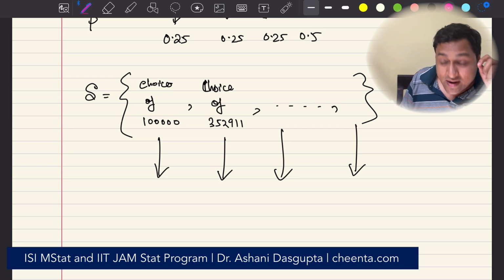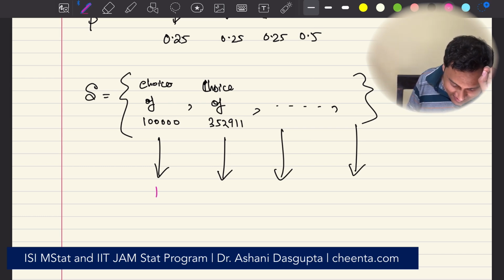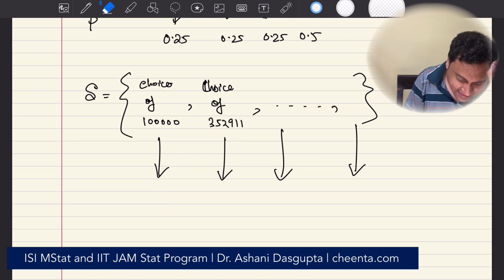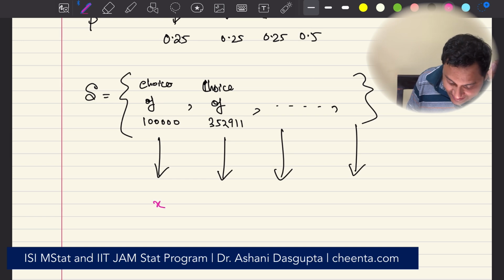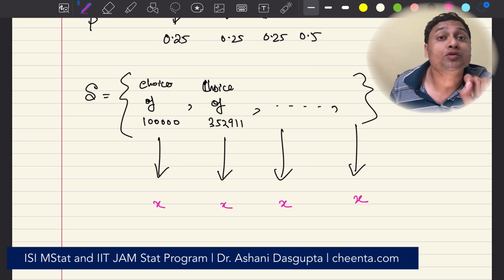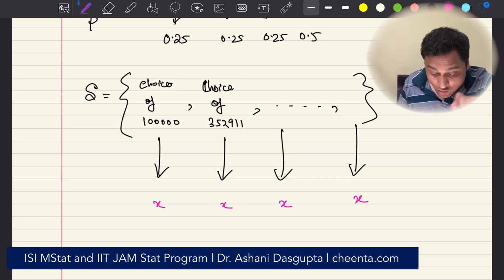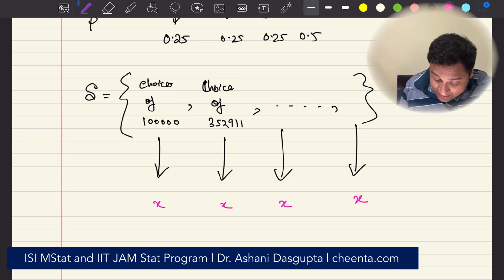So you are assigning the same weight, let's call it X, to each of these output possibilities. And how many output possibilities are there? There are 900,000 of them.